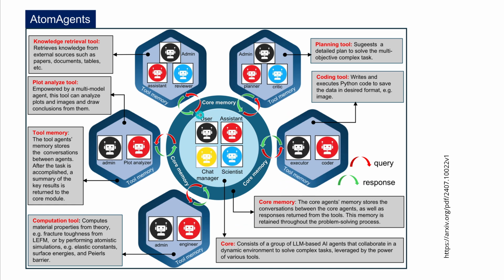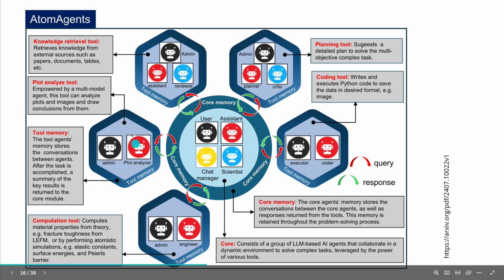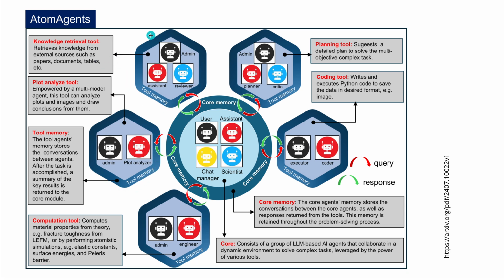Then we have the core tool where all the central coordination is done. Here we have the computation tool. Here we have the plot analyzer tool. And here we have our knowledge retrieval tool with assistant and reviewer and everything. And of course, we have a little bit of memory for each agent. And then at the crosslinks, we have our core memory and our core functionality.